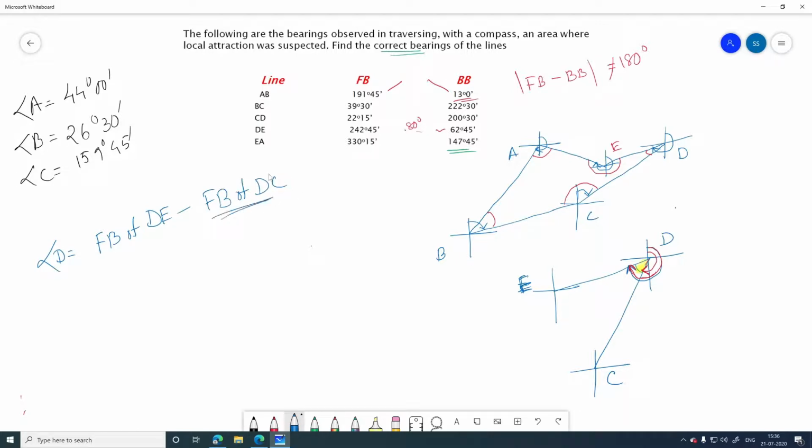Now forebearing of DC is not given, CD is given, so that is why we change it like back bearing of CD. So back bearing of CD is given, that is 200 degree 30 minutes, right? And the forebearing of DE is also given, 242 degree 45 minutes. So write like this, 242 degree 45 minutes minus 200 degree 30 minutes. So yeah, it will be 42 degree 15 minutes.